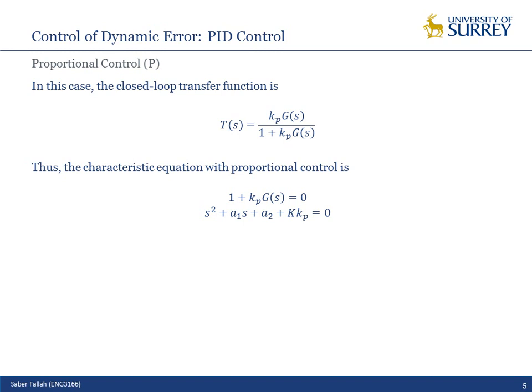Okay. So in this case, T(s) is Kp times K over s squared plus A1 s plus A2, over 1 plus K Kp over s squared plus A1 s plus A2.